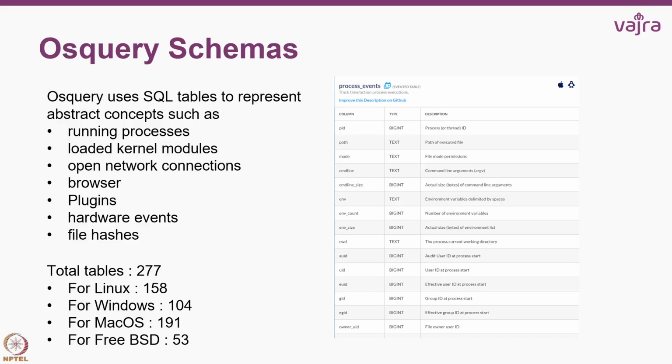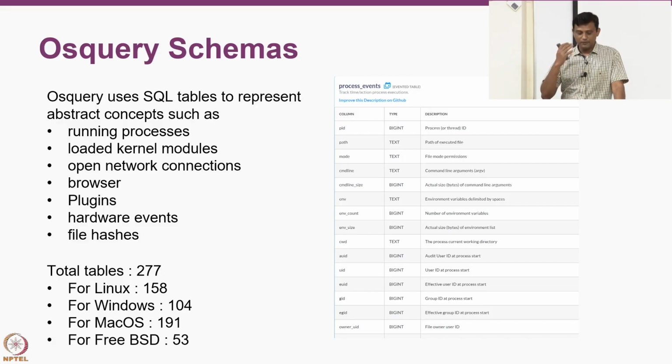Now how does OS Query work? As I said, it puts all the information in a database in the form of tables, and these tables are very structured. You have a table for all the browser plugins, a table for all the hardware events, a table for all the file hashes, a table for all the processes.